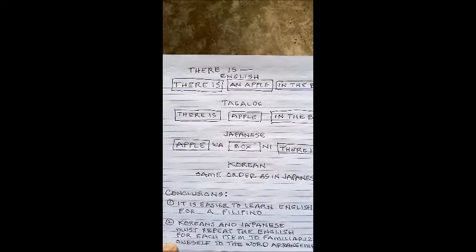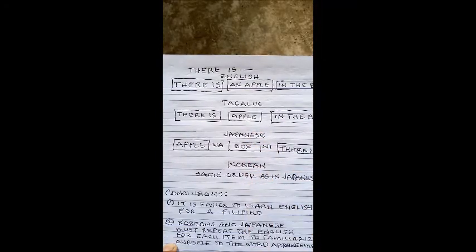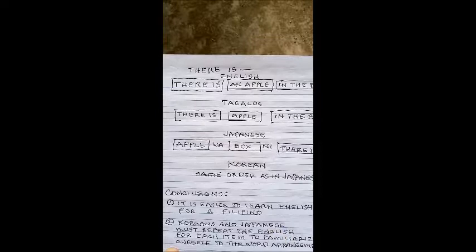The same way with the Korean. I noticed that the Japanese and the Korean arrangement are the same. Conclusions. It is easier to learn English for a Filipino. Koreans and Japanese must repeat the English for each item to familiarize oneself with the word arrangement.